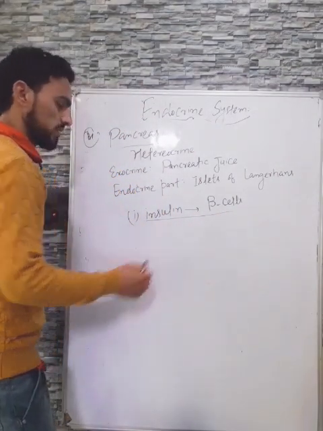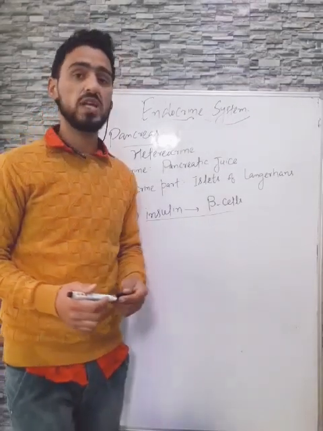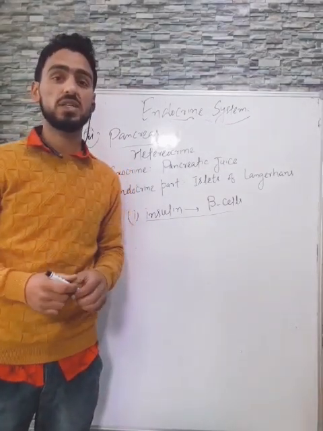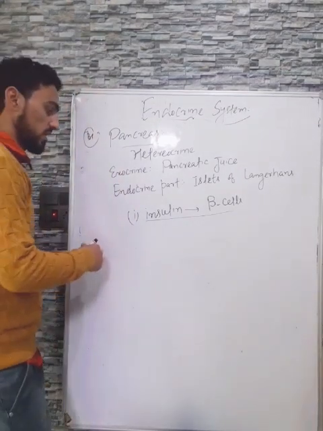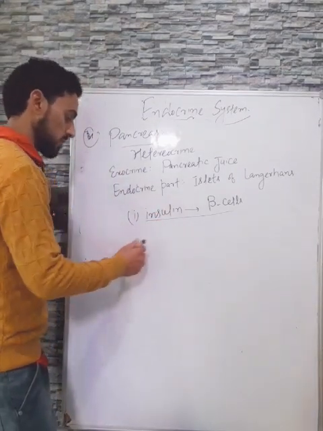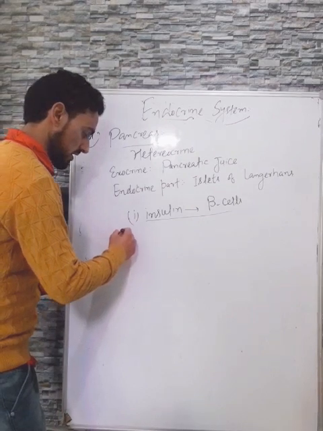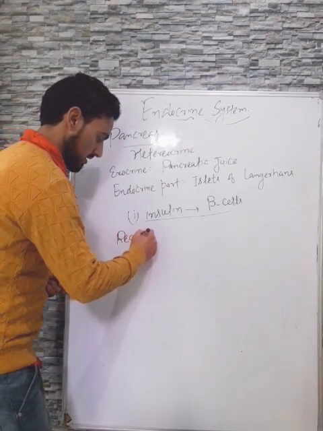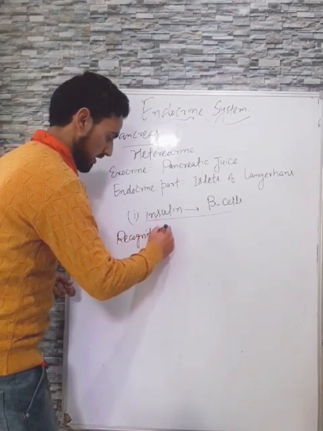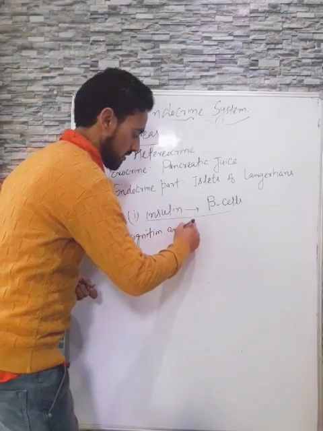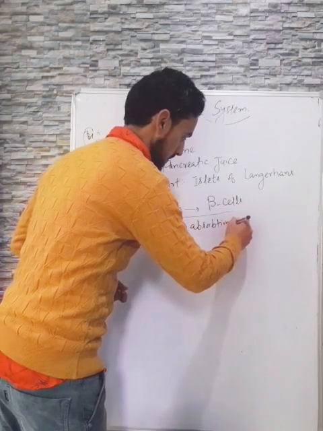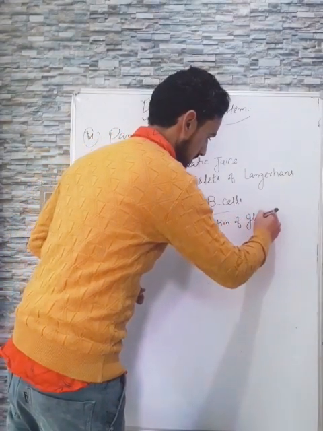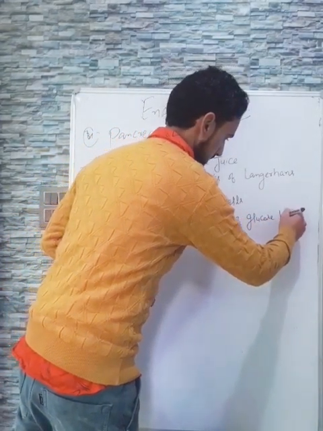What does insulin perform? Insulin helps in the recognition and absorption of glucose by the cells.